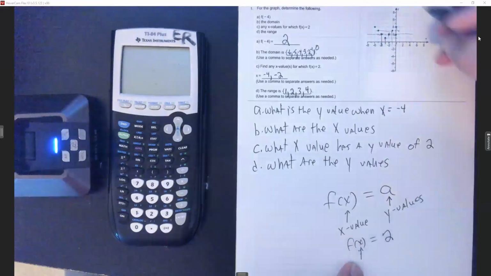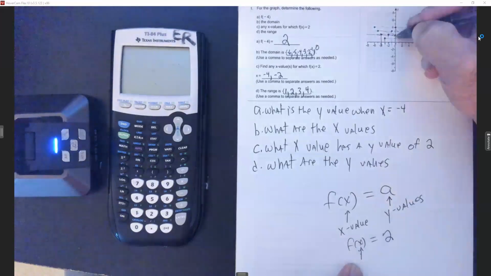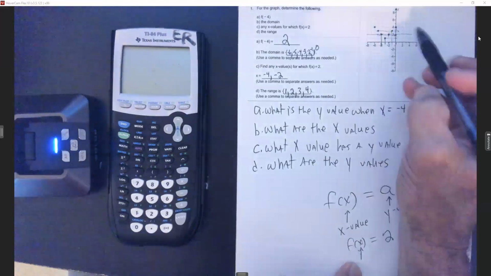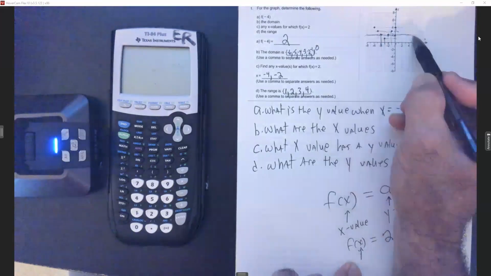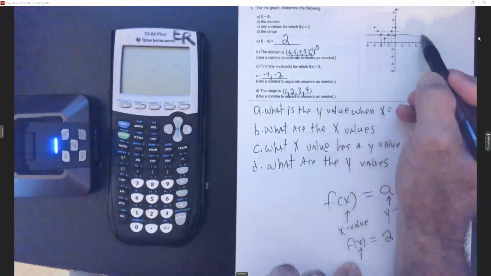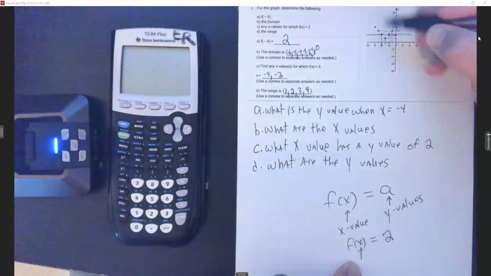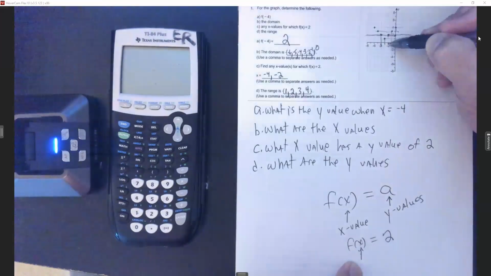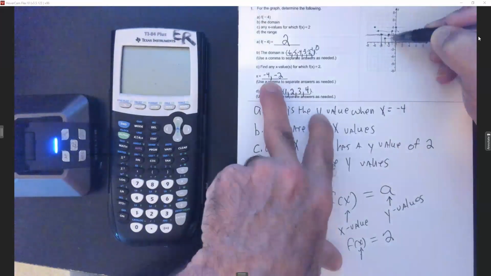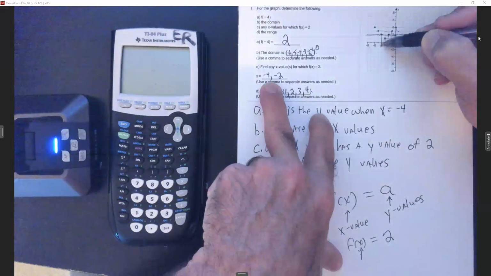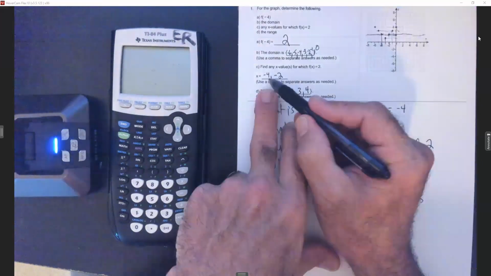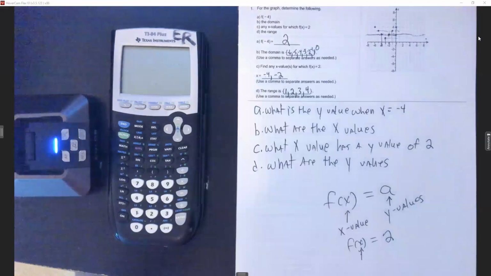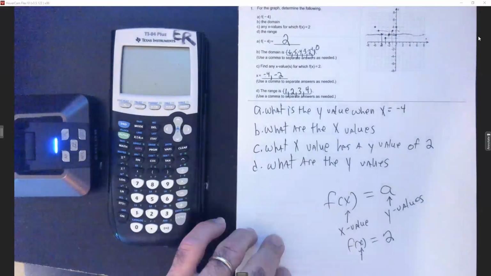So what I did, I went up here, I seen on my y-axis where 2 was. And remember, any point that's on that horizontal line would have a y value of 2. So here we was at, what, negative 2, 2. So that meant negative 2 was one of my numbers. And then this point was at negative 4, 2. So that was negative 4 for that x. So you're just looking for any x's that gave you the y value of a 2 on that one, okay? That make more sense? Yes, thank you. Okay.